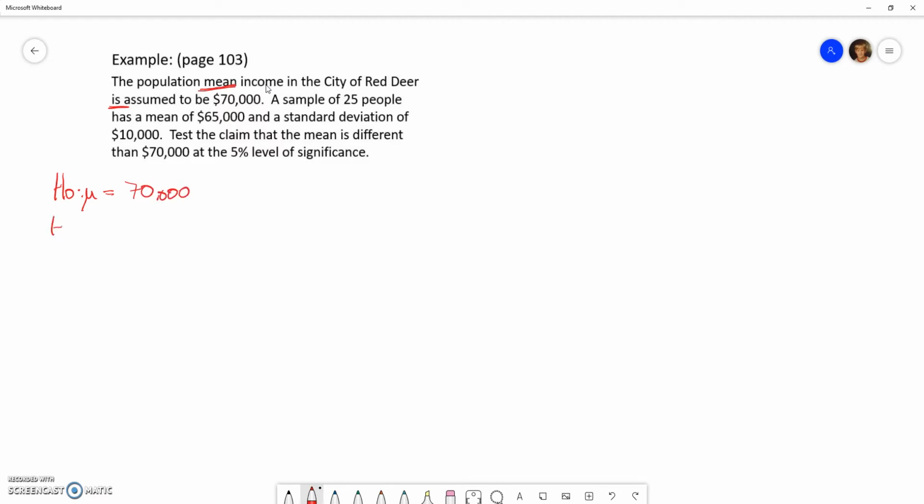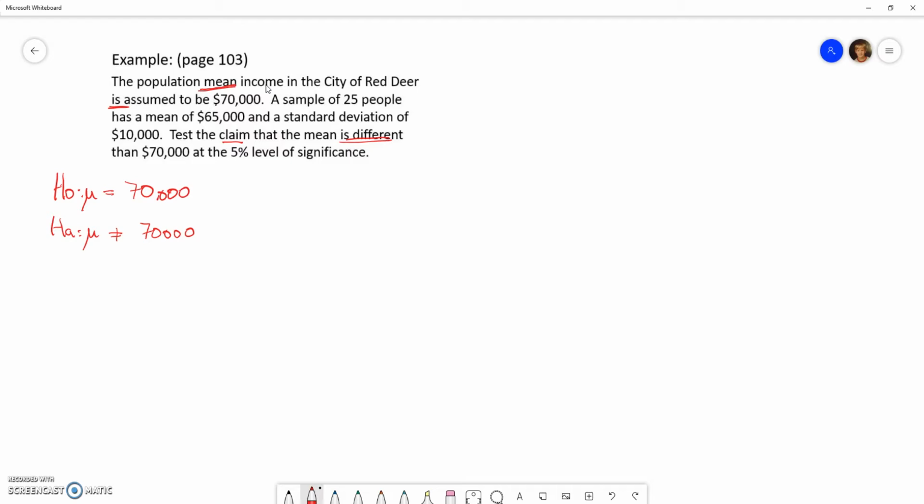The alternate hypothesis is stated at the bottom: test the claim that the average is different, not equal to 70,000. The value on the right side of the equality sign, in this case 70,000, is the same for the null and alternate hypotheses.